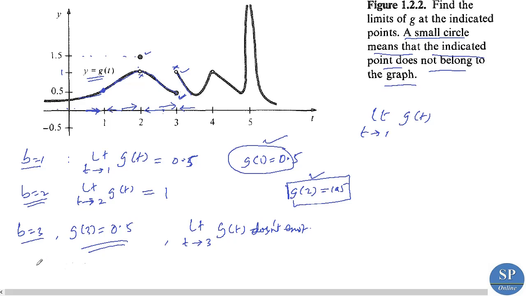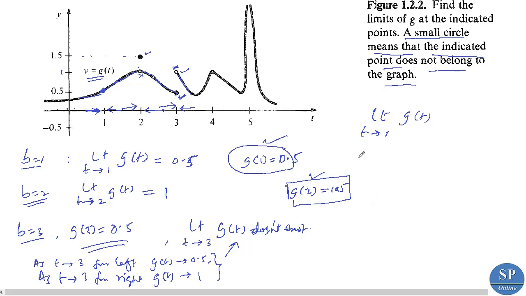Okay, because as t approaches to 3 from left, we have g of t approaches to 0.5, and as t approaches to 3 from right, we have g of t approaches to the point 1. Okay, so g of t is not approaching to a fixed number as t approaches to 3, so this limit does not exist. Clear? That is the case 3.